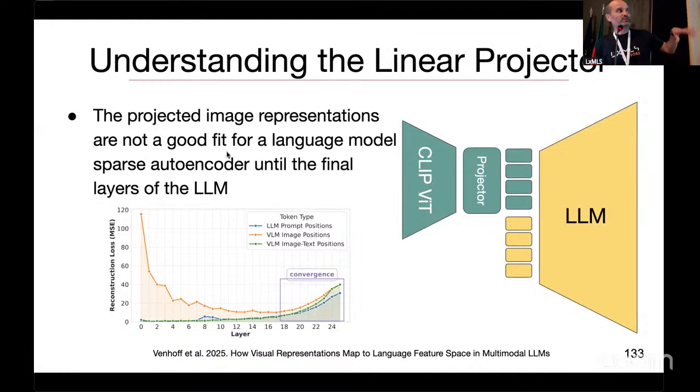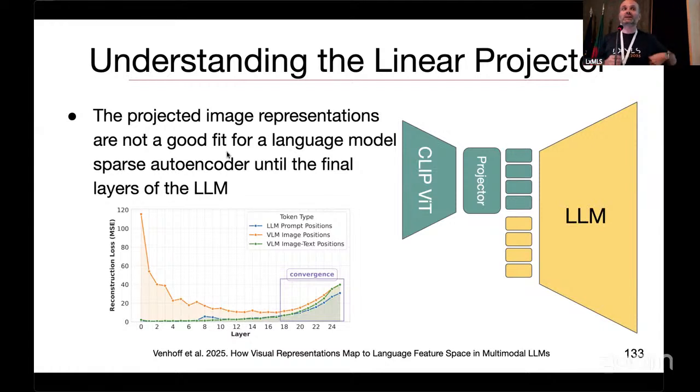So this plot here is showing on the y-axis, so this is based on using a sparse autoencoder, which Maxime mentioned yesterday. And here, the orange bar shows if you give visual patch inputs to your LLM and you look at the reconstruction loss of the sparse autoencoder, it's really high at the early layers in the model.